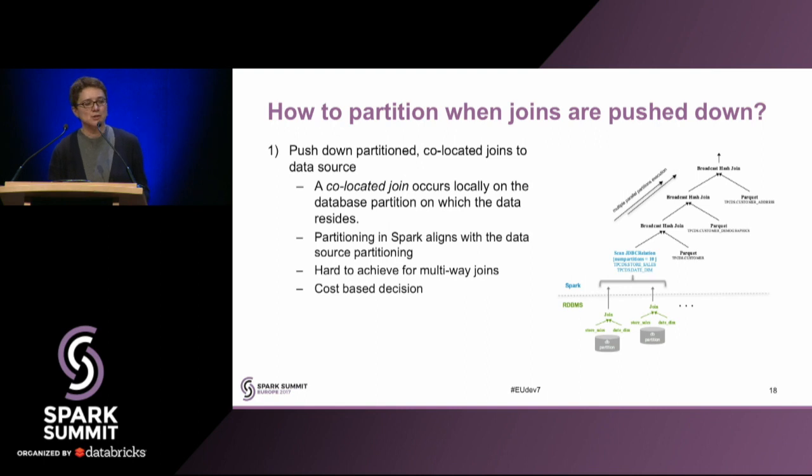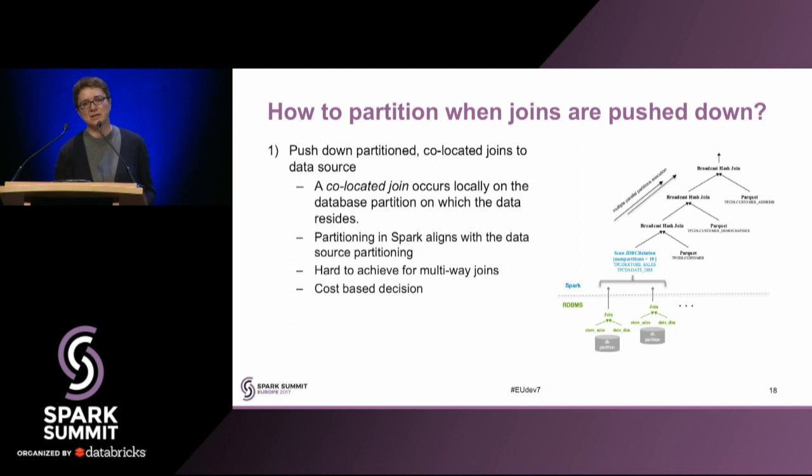How to partition when joins are pushed down? One way is to push down partition collocated joins to the data source. A collocated join occurs locally on the database partition on which the data resides. An example would be when the partitioning in Spark aligns with the data source partitioning. This execution model works best for Spark architectures that have the Spark executors connecting to each database node and retrieving the data directly.